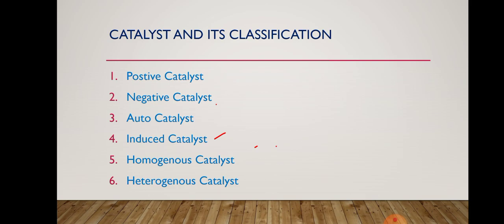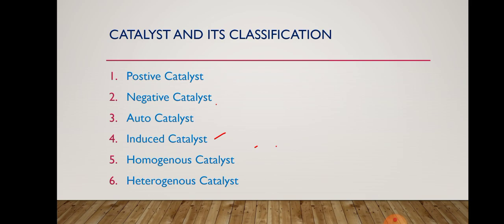This type of substance is called a catalyst, and catalysts may be of different types such as positive catalyst, negative catalyst, autocatalyst, induced catalyst, homogeneous catalyst, and heterogeneous catalyst. So I will try to give a short idea about the different types of catalyst.